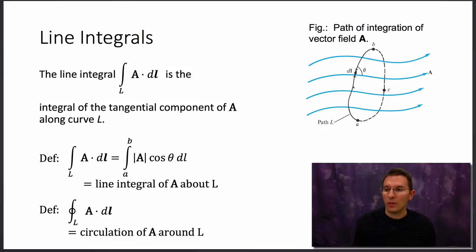In other words, the field does not push a particle at all along this line. A particle confined to this line wouldn't move if the line integral is 0, essentially.